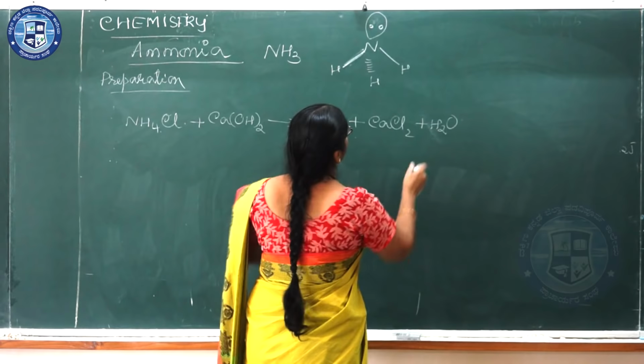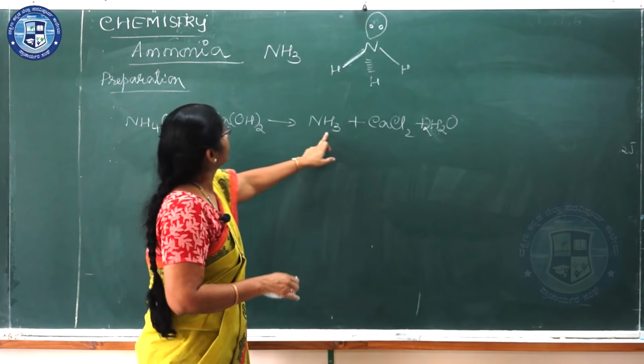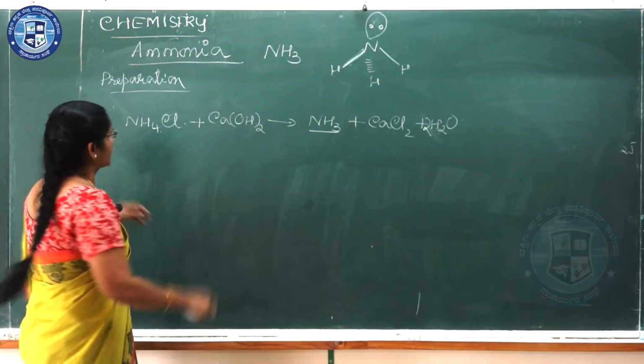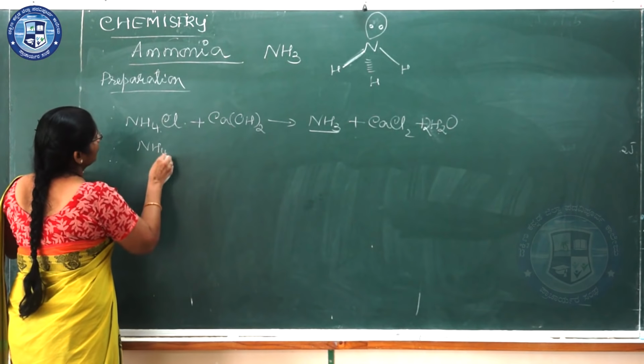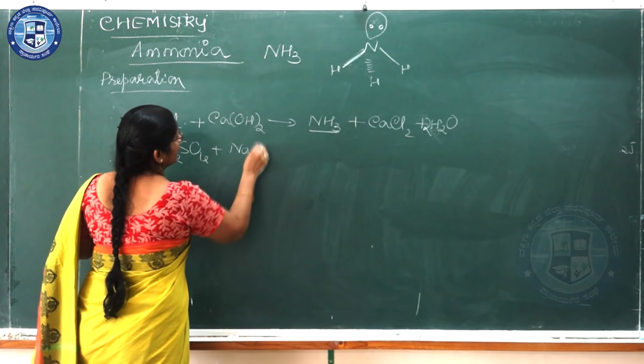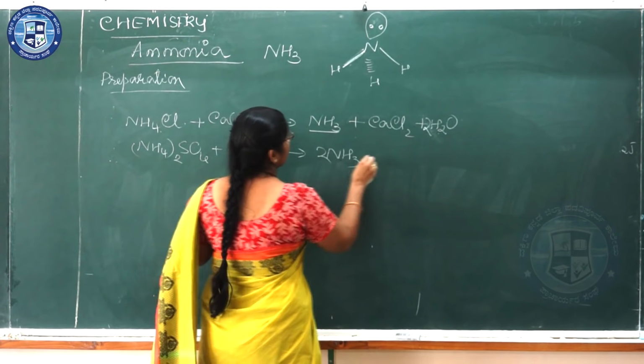So, ammonium chloride and calcium hydroxide react to give ammonia gas, which is a pungent smelling gas. Or you can use ammonium sulfate and add sodium hydroxide, which also gives ammonia gas.